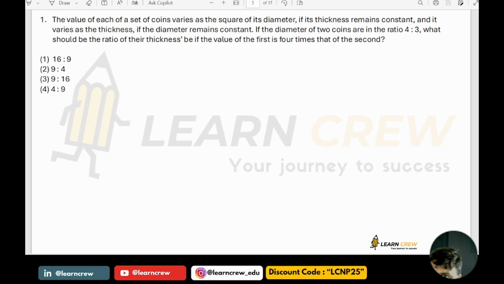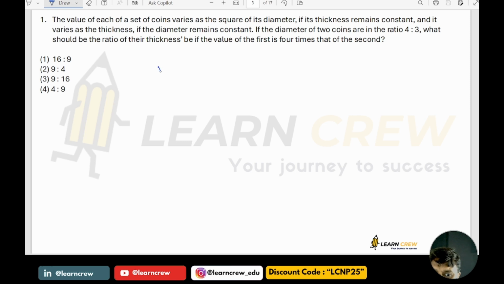If the diameters of the two coins are in the ratio 4:3, then what should be the ratio of their thicknesses, if the value of the first is 4 times the value of the second?